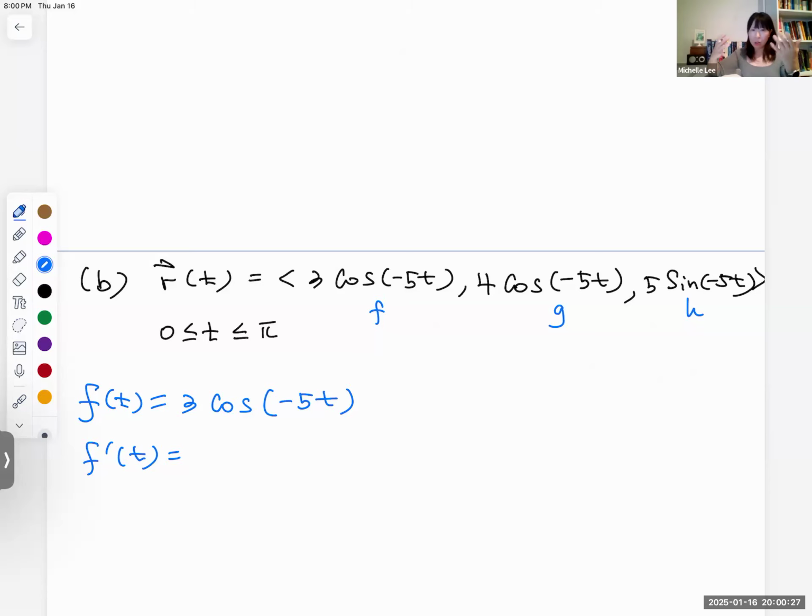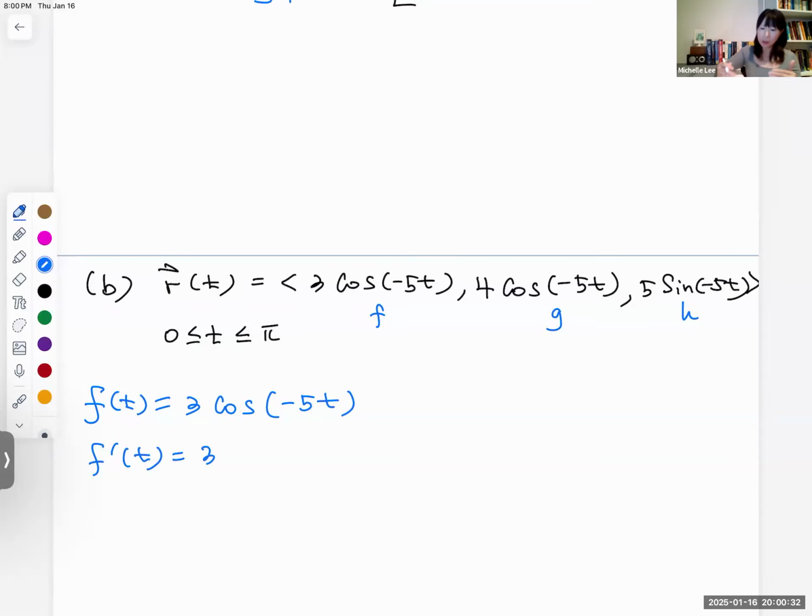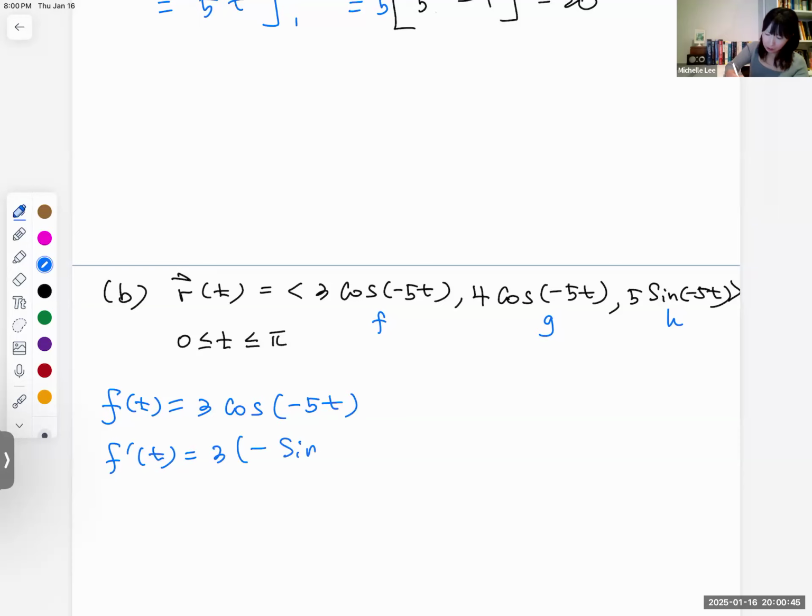We keep the coefficient 3, right? And what's the derivative of cosine? It's negative sine, and by the chain rule, times negative 5. So negative sine of negative 5t times negative 5, negative times negative is positive, so we get positive 15 sine negative 5t.